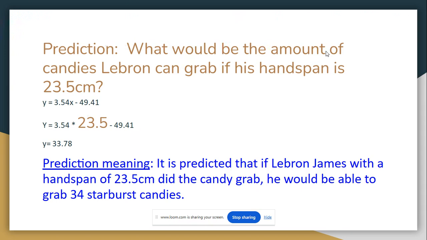I just Googled his hand span, and I predicted, based on the line of best fit, how many candies he would probably be able to grab. I rounded up. I said, roughly 34 Starburst candies LeBron would be able to grab. I didn't actually have the data. We never actually did the experiment. That's why it's a prediction. So when you write your question for the prediction, you have to figure out what Y represents and what X represents, and then come up with some type of prediction.